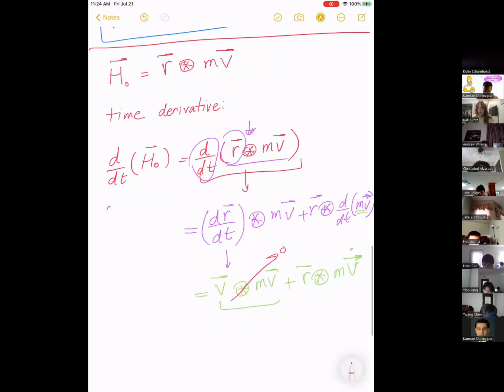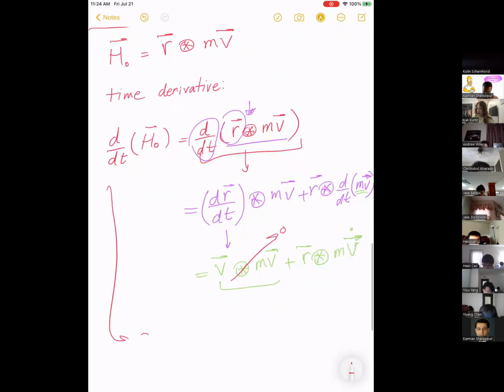And if you get this all over here, you're going to get d dt of h about O, which was, remember, the angular momentum of the particle, is equal to r cross m v dot, right?